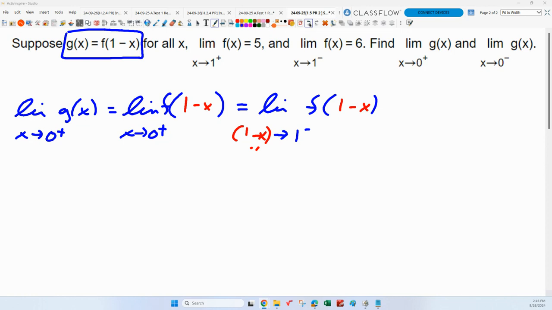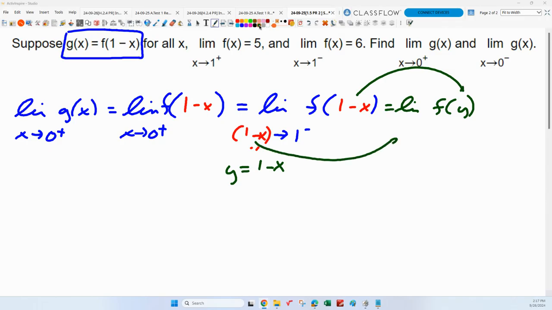Well, why wouldn't we just make a variable substitution here? Why wouldn't we just say something like y equals 1 minus x, and then this would become the limit of f of y as y approaches 1 from the left, right? Look what we just did.